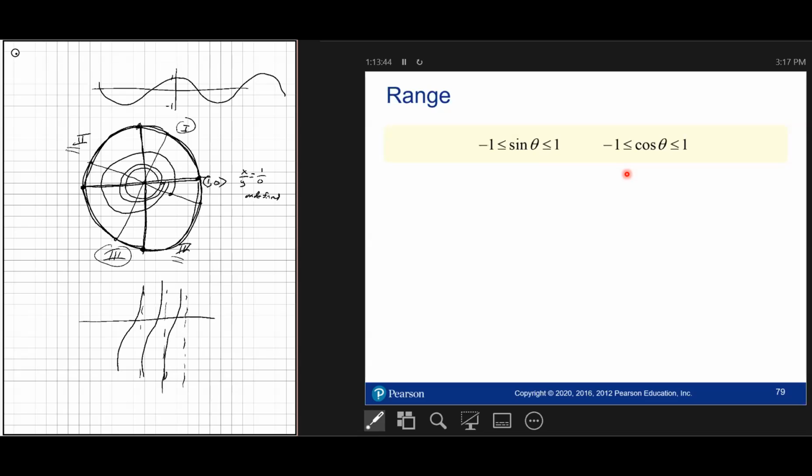As soon as your radius changes, these high and low numbers change. So if I had a radius of 3, then the highest number would be 3 and the lowest number would be -3. So both of these would be from -3 to +3.